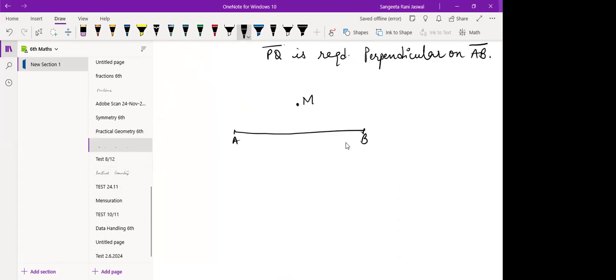So in that case, how will you do it? First you construct a line AB. Neha, do it in your notebook as I'm saying. Make a line AB of any length and take any point M outside it.